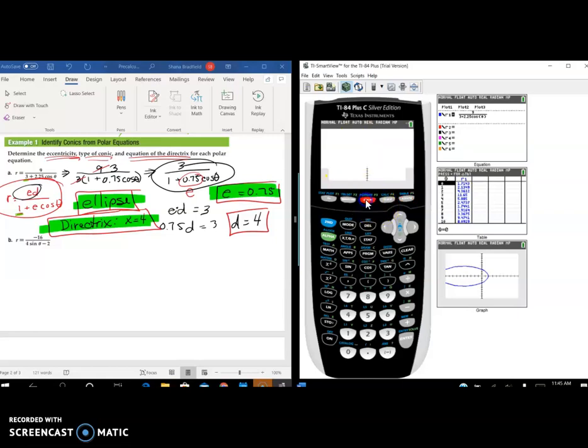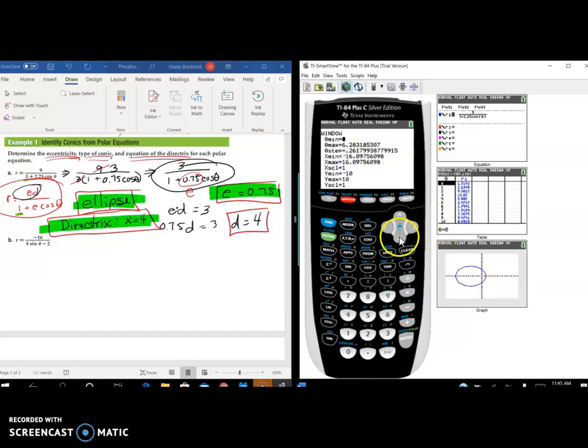Now, if we wanted to see a little bit more, well, first of all, let's go to zoom and square this thing up. So number 5 there. There's my ellipse right there. That's a good one. But we can change the window if we would like and have a little less of the positive and a little more of the negative.